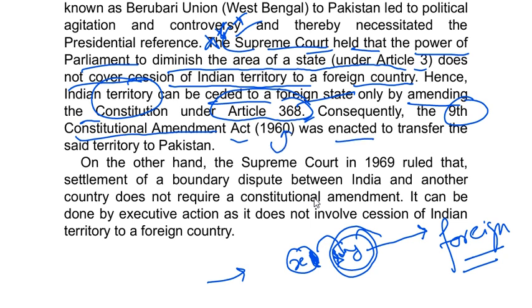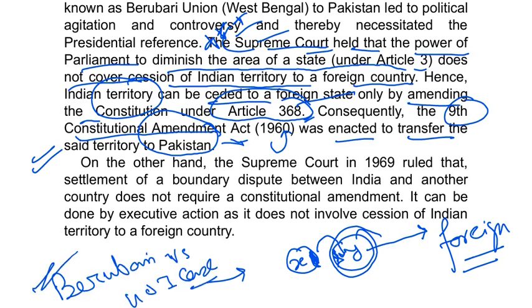It was enacted to transfer certain parts of Indian territory to the then Pakistan. Clear? And in this regard, the famous Supreme Court case is Berubari versus Union of India. You can write down the name of the case where the Supreme Court gave this kind of verdict.